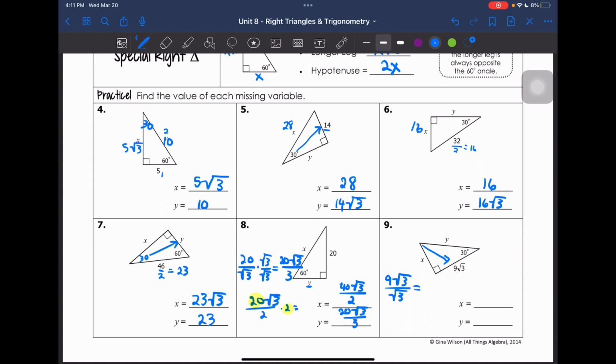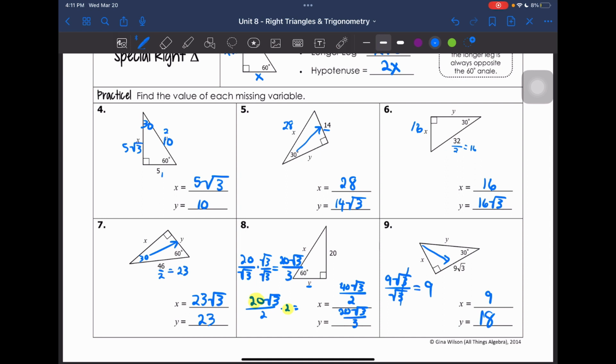And so if I see that root 3 is on the top and root 3 is also on the bottom, that's going to kind of cancel out and just become 1. And 9 times 1 is just 9, so this whole thing simplifies to 9. So that's my shorter leg. My hypotenuse then is just whatever is double the shorter leg. So 9 times 2 is 18.